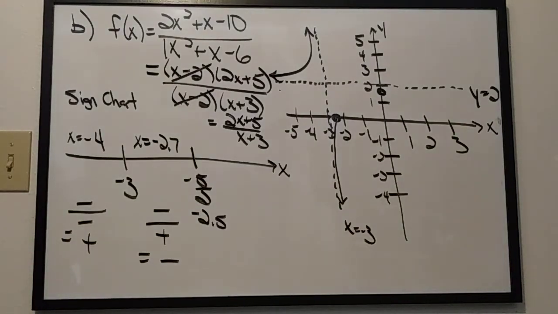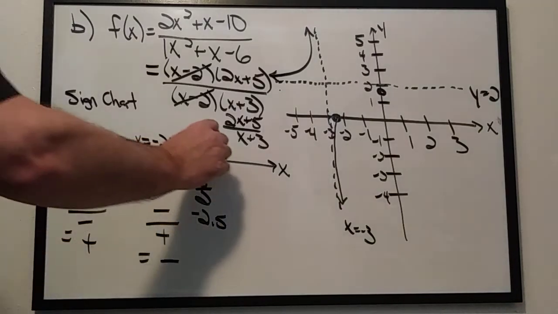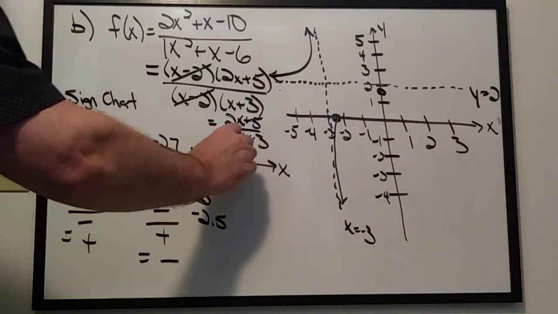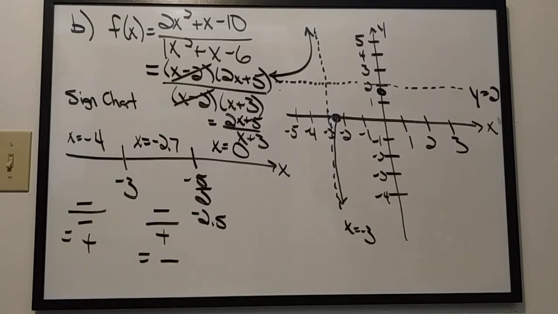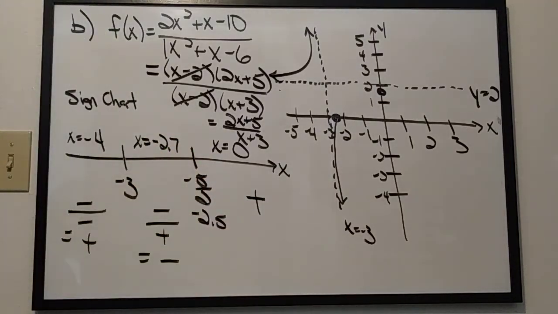Let's keep going, to the right of negative 2.5. Once again, if I have something that I can steal from earlier in the problem, I'm going to do it. x equals 0 lives to the right of negative 2.5, and we already calculated that the y-intercept was positive there. So to the right of negative 5 halves, we have to have a graph that's above the x-axis.